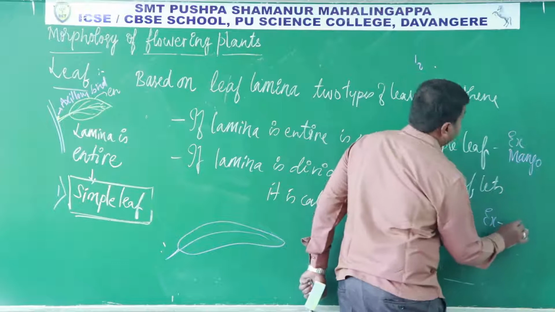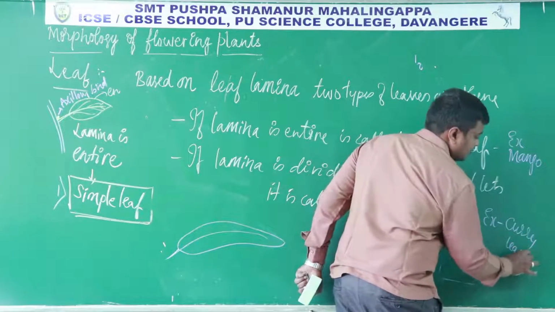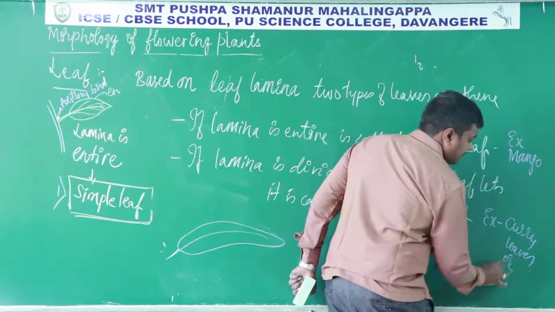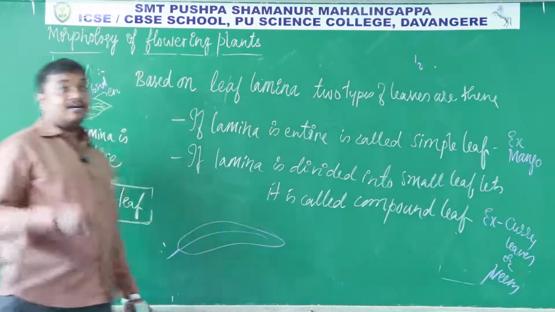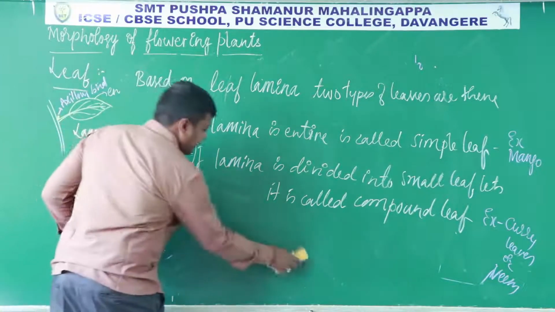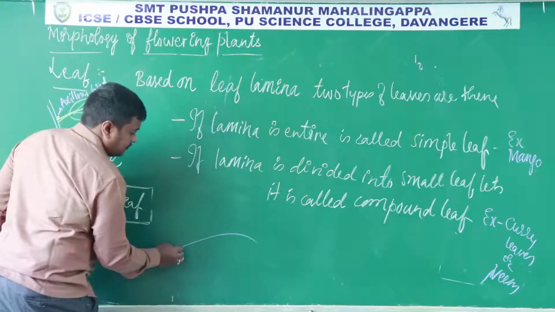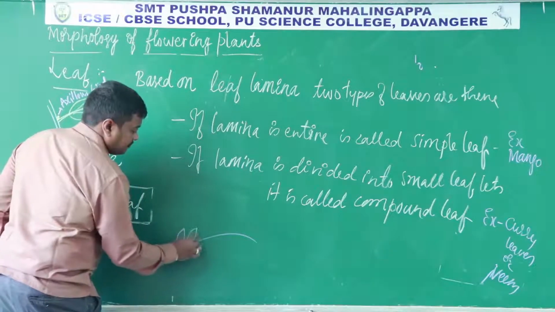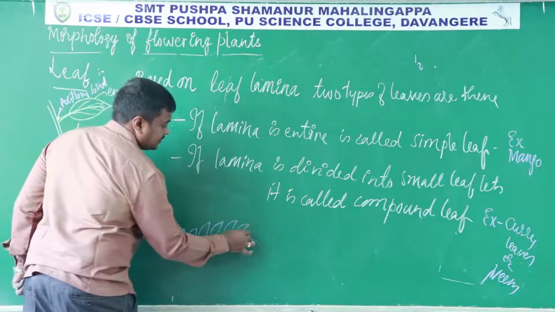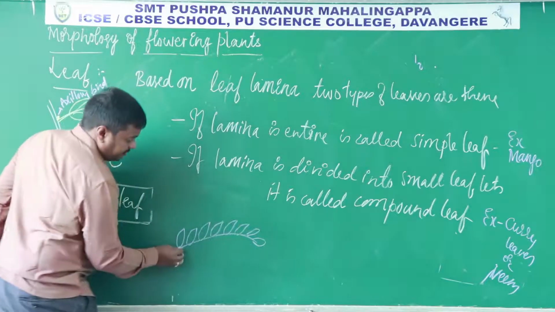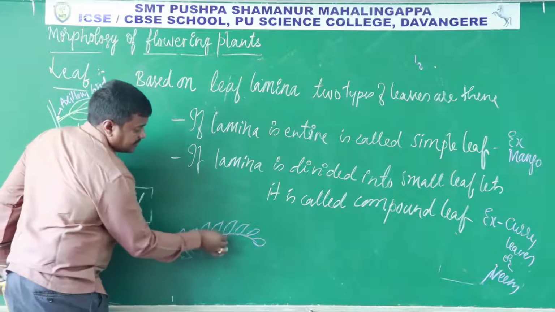Okay, so compound leaf example: if you take curry leaves or neem, the curry leaf looks like this. On both the sides of the rachis you can find the leaflets.